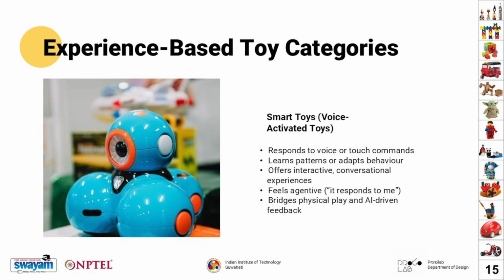Because the toy reacts based on the child's input, the play feels more like engaging with a character than an object. The toy adapts, learns simple patterns, or offers new prompts, making each interaction slightly different. That responsive, adaptive behavior beyond static electronics is what defines a smart toy.